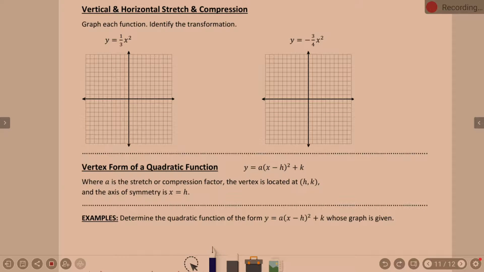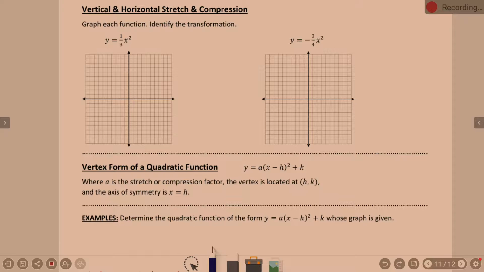Back of the page, we get to look at when there's, well, on this part I'm focusing on a fraction out front. Okay. And so we're looking at our vertical compressions basically. When we look at y equals 1/3 x squared, officially, what is my transformation there?